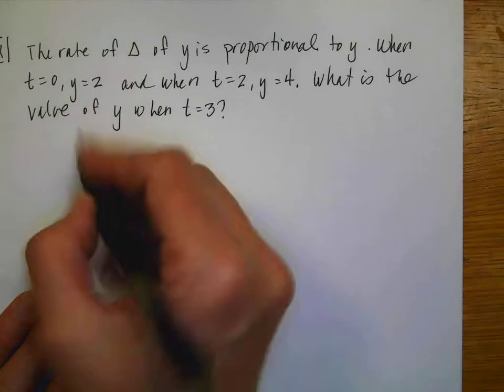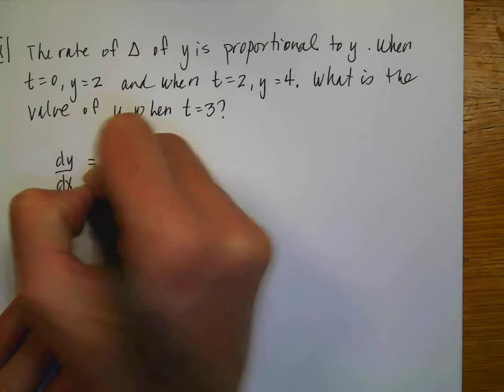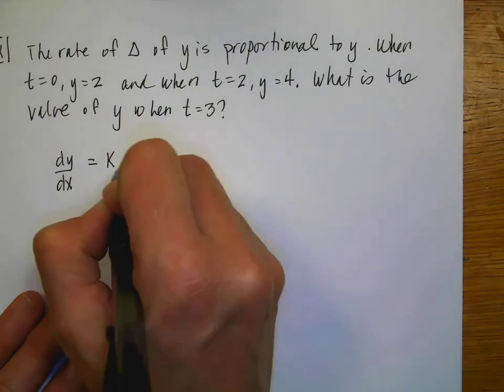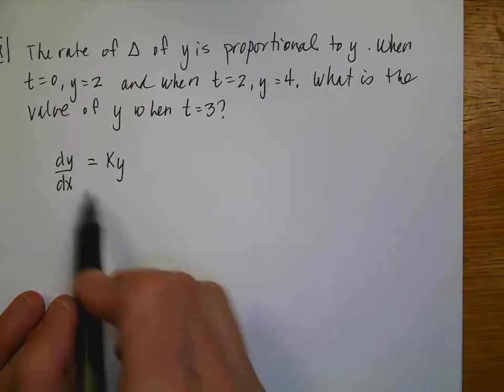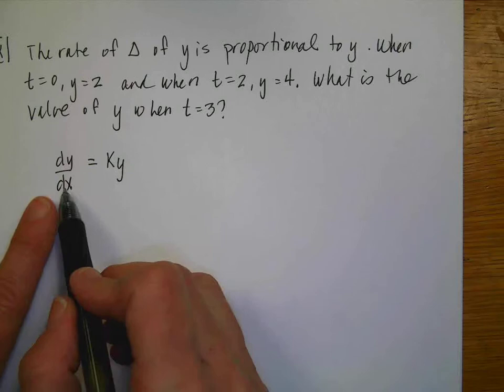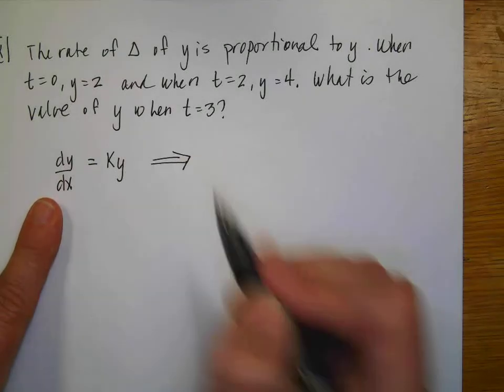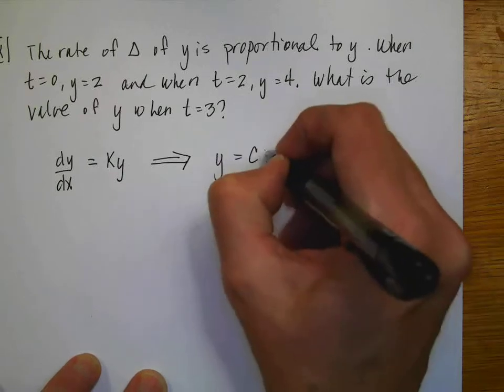Hopefully you can read most of that. So if I write as I read, it says the rate of change, so I'm going to write dy dx is equal to, is proportional to, so there's always a constant of proportionality, times y. And then if I solve this differential equation by taking the dx over here, this is going to be what I didn't show you in the last example.